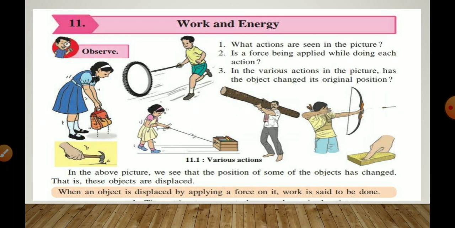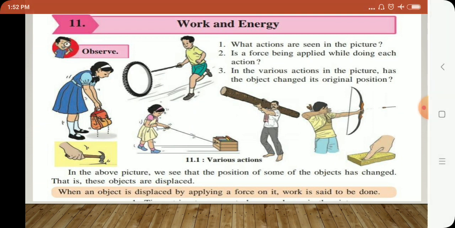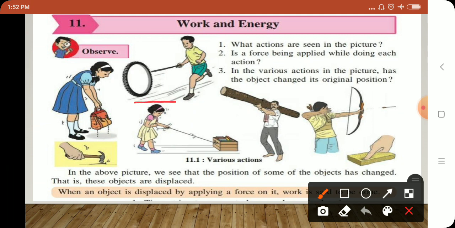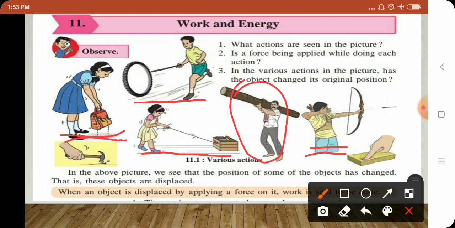See here, this boy is pushing a tire with the help of a stick. The man has lifted, what he has lifted? A log of wood. Here the boy is shooting an arrow with the help of a bow, and this girl is pulling a box, and she is lifting her school bag, right?